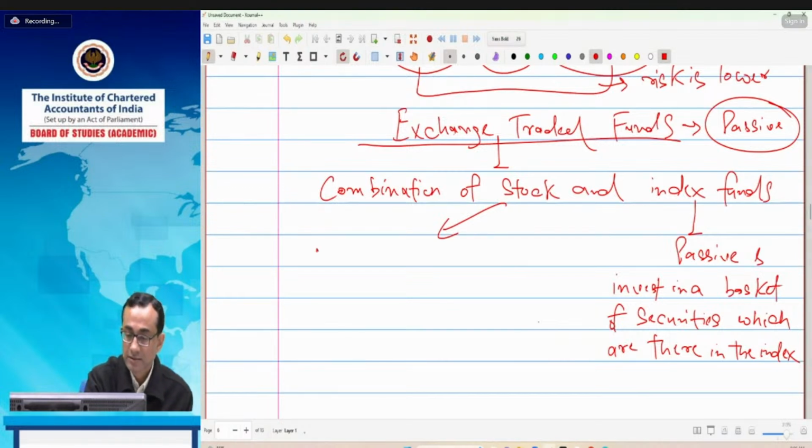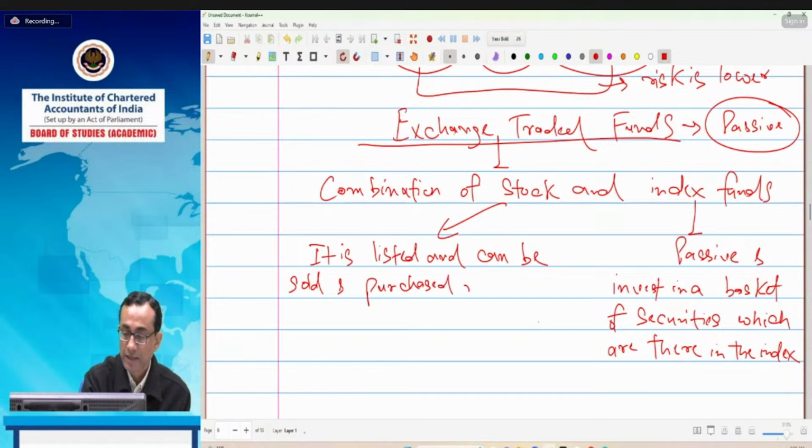It is listed and can be sold and purchased at any time during trading hours.